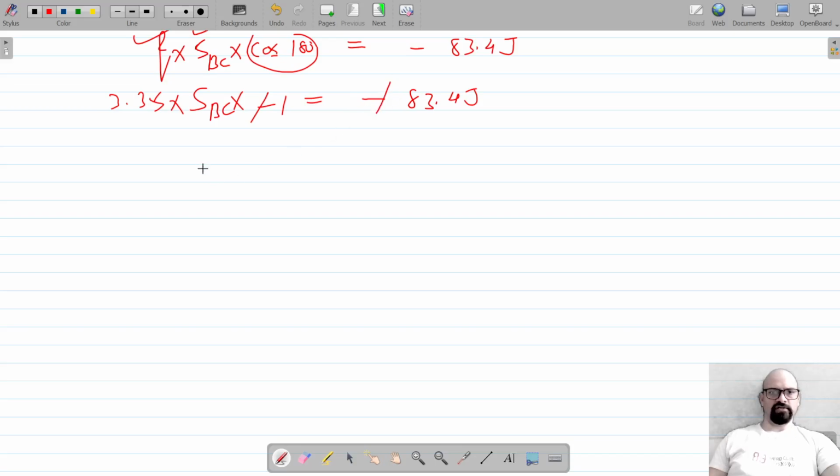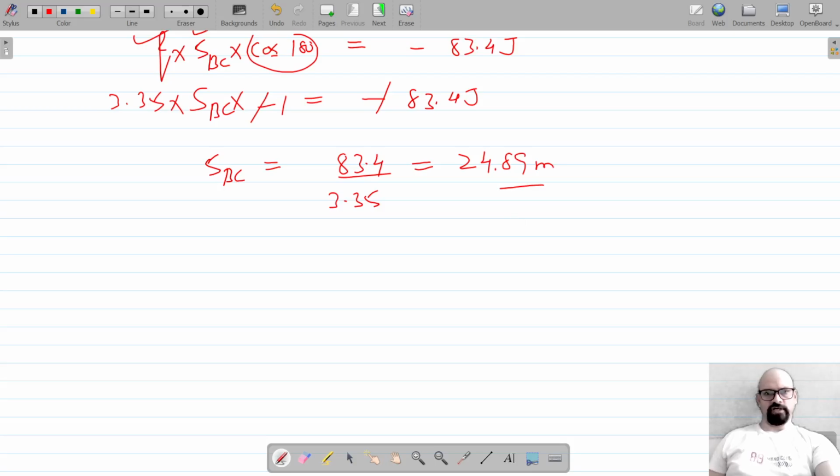Negative negative gets cancelled, and the distance moved from B to C is equal to 83.4 divided by 3.35. So 83.4 divided by 3.35 is equal to 24.89 meter.